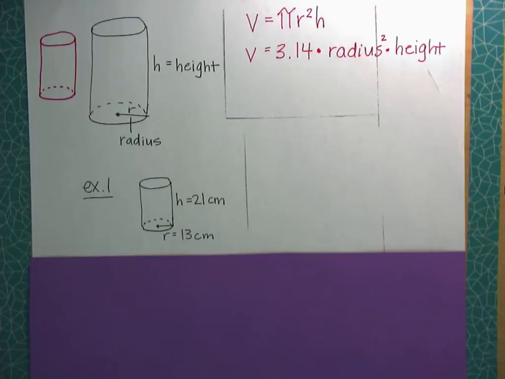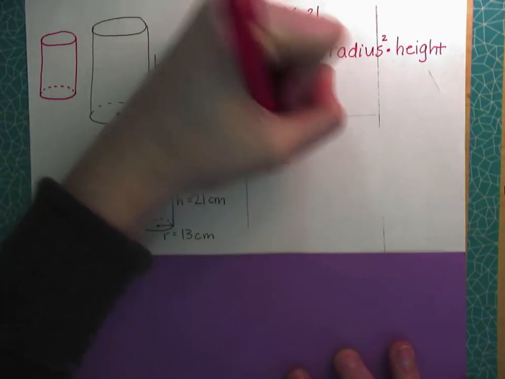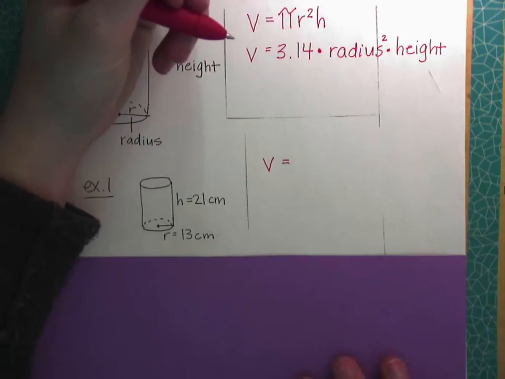Okay, so remind me, what's the first step that I always tell you to do when you're solving? Yeah, you need to rewrite the formula. So what is the formula to find the volume of a cylinder?